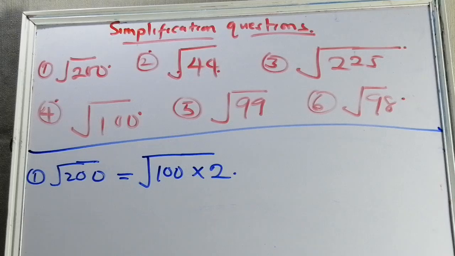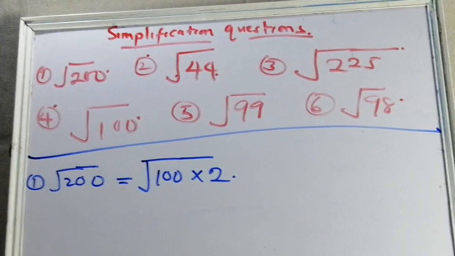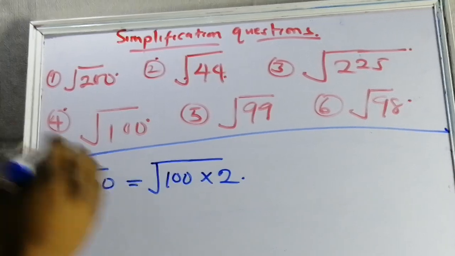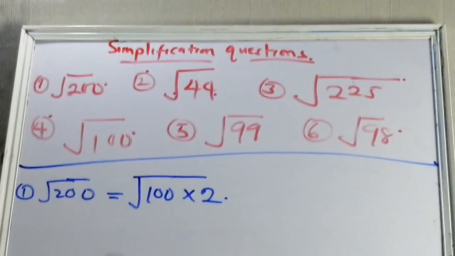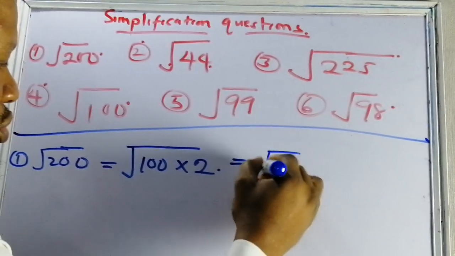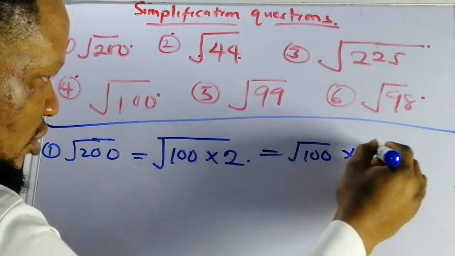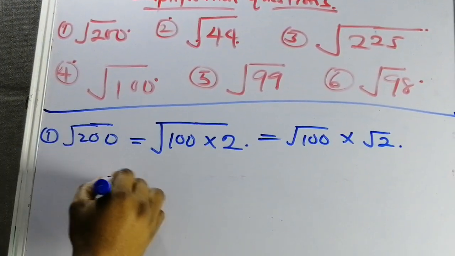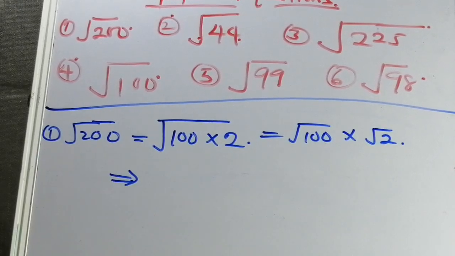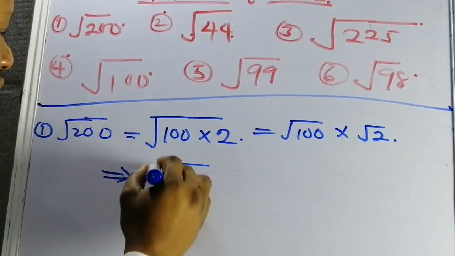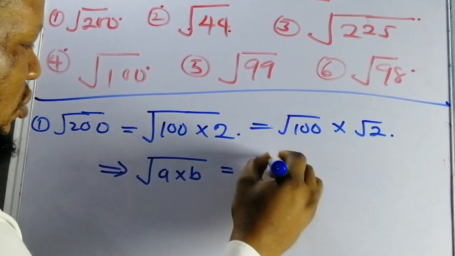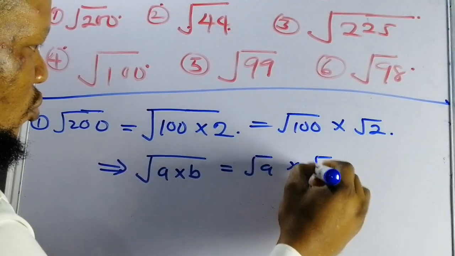From the multiplication rule of surds, like I told you, this is the same thing as root 100 times root 2. That is, root of a times b equals root a times root b.